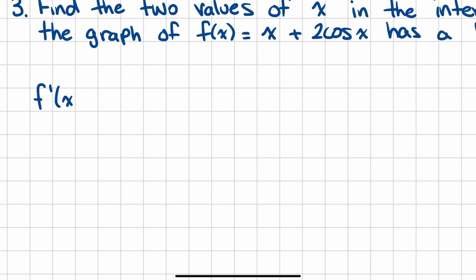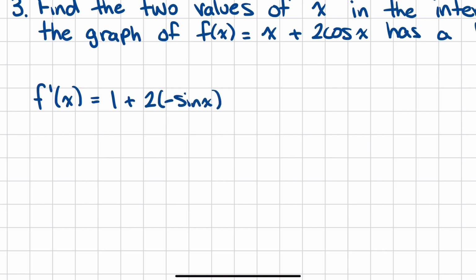We can say that f prime of x is equal to the derivative of x, which is just 1, and then the derivative of 2 cos x, well, that is just going to be 2, because the 2 is just a constant multiple, and the derivative of cos x is just minus sine x.